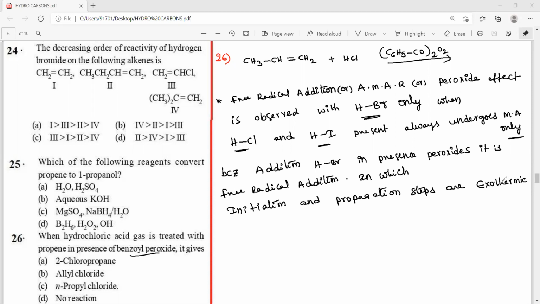Yes, students, the same concept will come in further questions also. So these 2 steps, initiation and propagation, with HBr in the presence of peroxides are exothermic. That's why the peroxide effect is observed only with HBr. But whereas with HCl, the initiation is exothermic and propagation is endothermic.